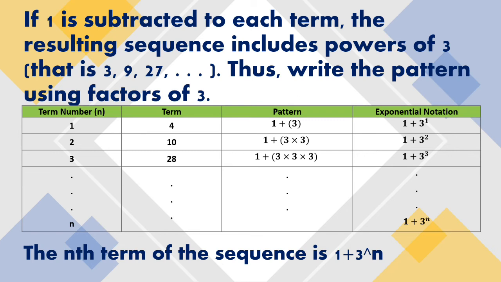Thus, write the pattern using factors of 3. For term number 1, we are going to use the exponential notation 1 plus 3 to the first power. Therefore, the nth term of the sequence is 1 plus 3 to the nth power.